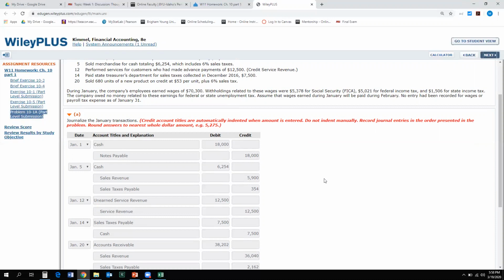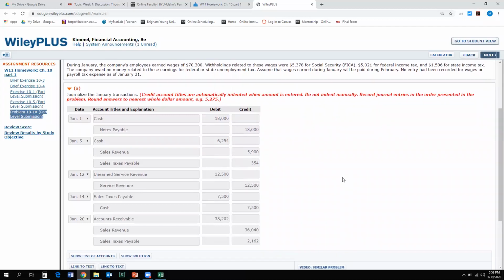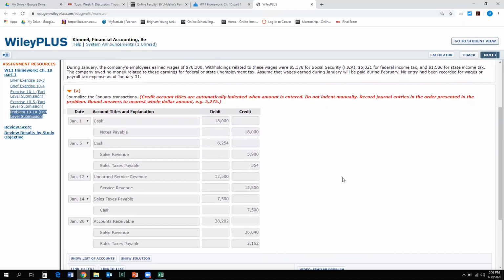Okay. And then the 20th says we sold 600 units of new product on credit at $46 per unit at 6% sales tax. So I got the amounts right, and I got that we debit accounts receivable and credit sales revenue, and I thought the other credit was interest payable.